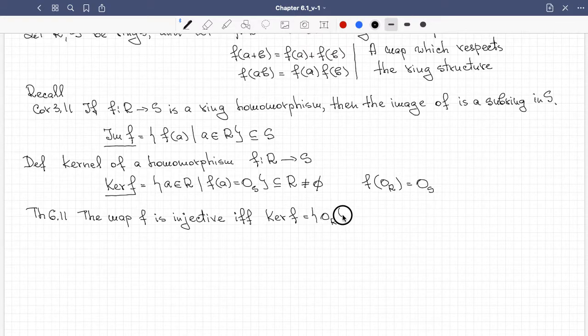The kernel contains nothing but 0, which the kernel absolutely must contain.